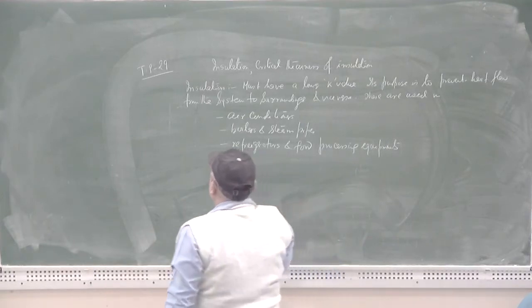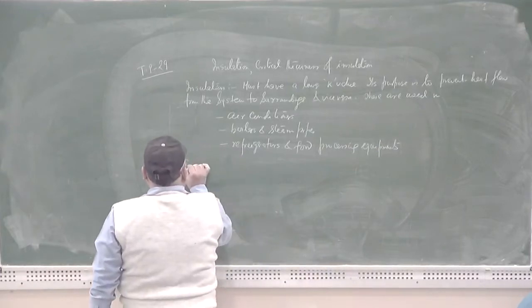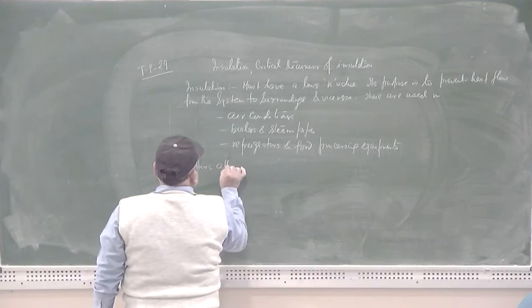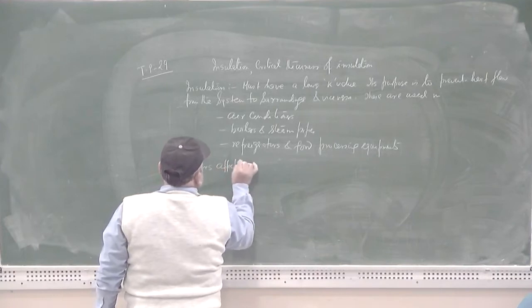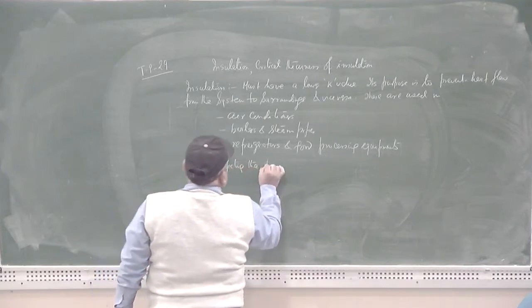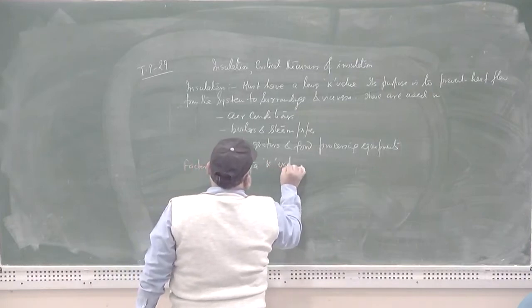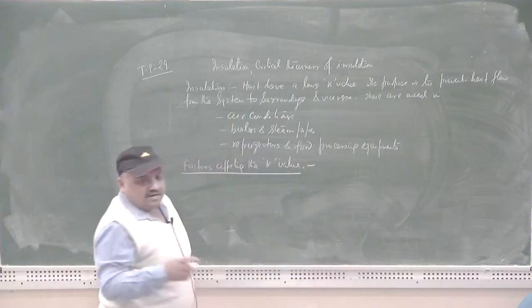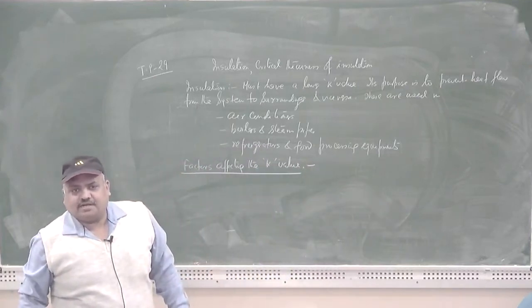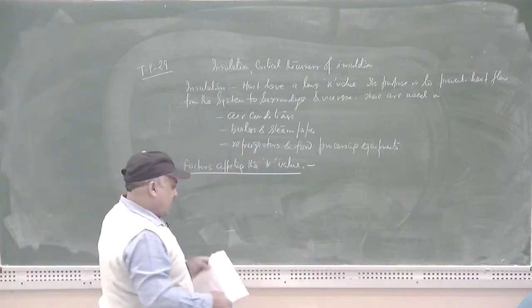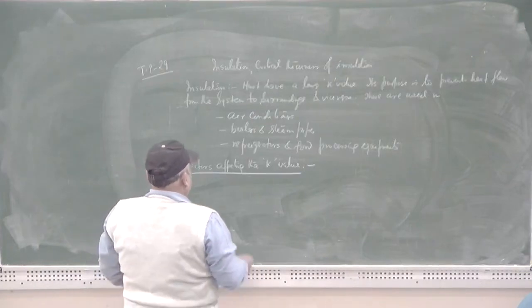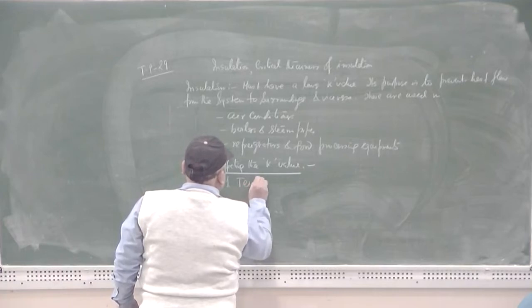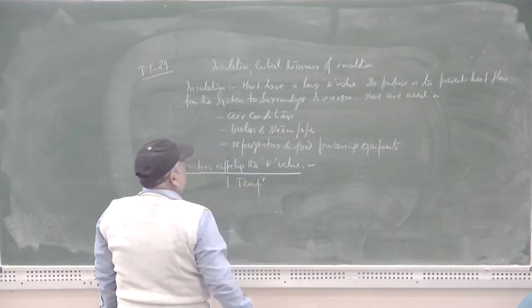So, factors affecting the K value. This is very important, that is, what are the factors which can alter the value of the thermal conductivity. Those factors are, number one, temperature. We will discuss these factors one by one.